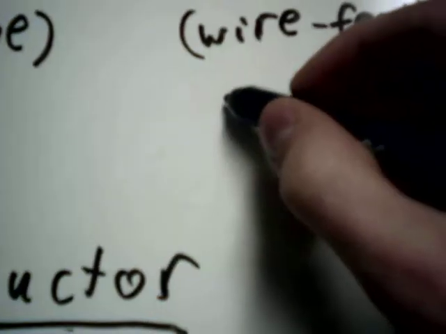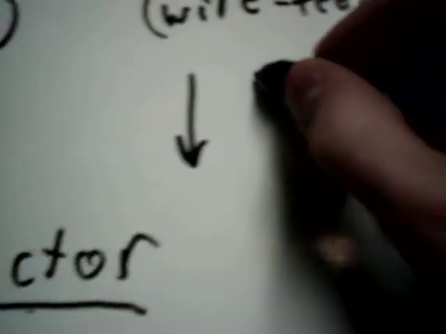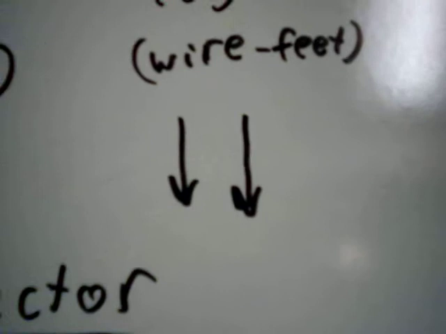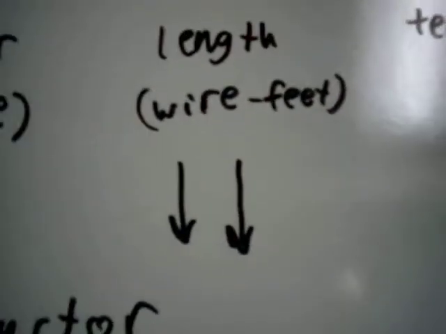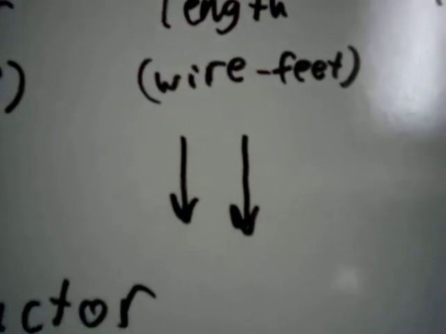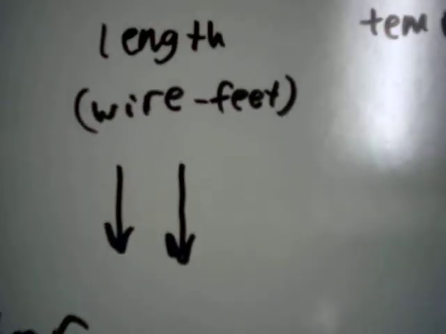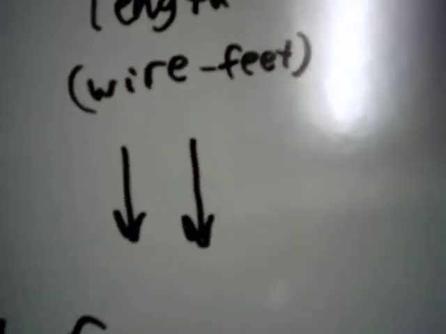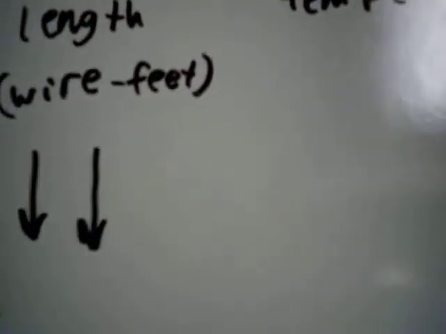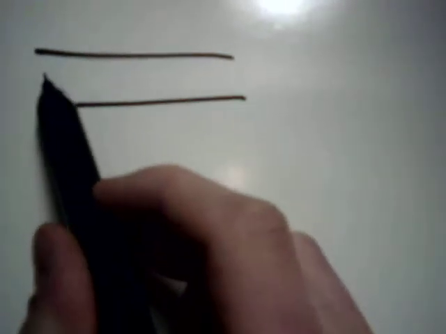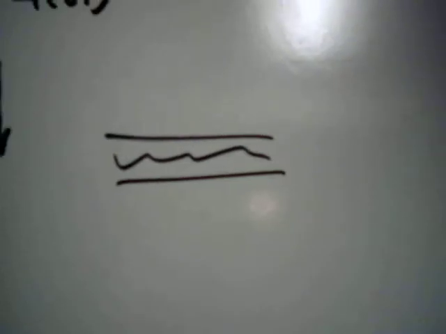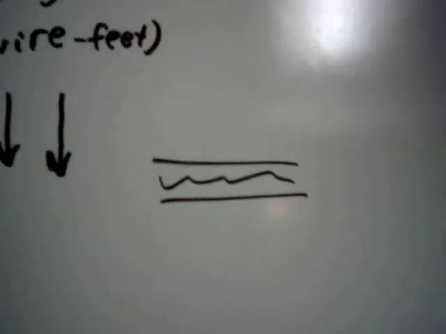As the length gets lower, the resistance gets lower, and if the length gets higher, the resistance gets higher, because it's harder for electrons to flow farther. It takes more energy, and therefore there's more resistance. Just think about a water pipe. If you have a longer pipe, it takes longer for the water to flow through the whole thing. Same thing with electrons.